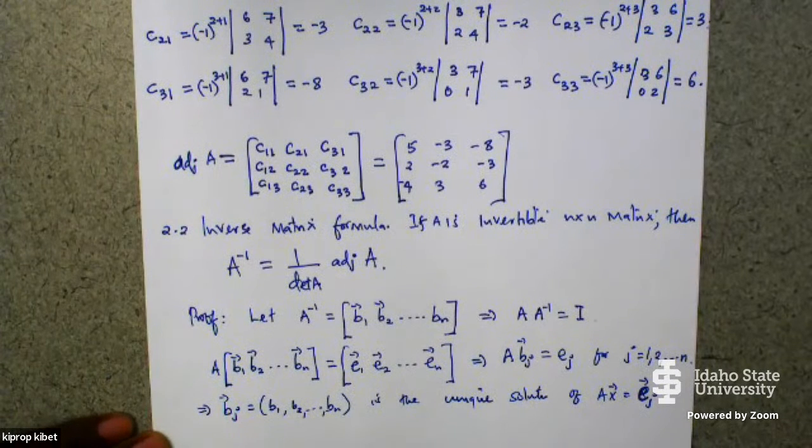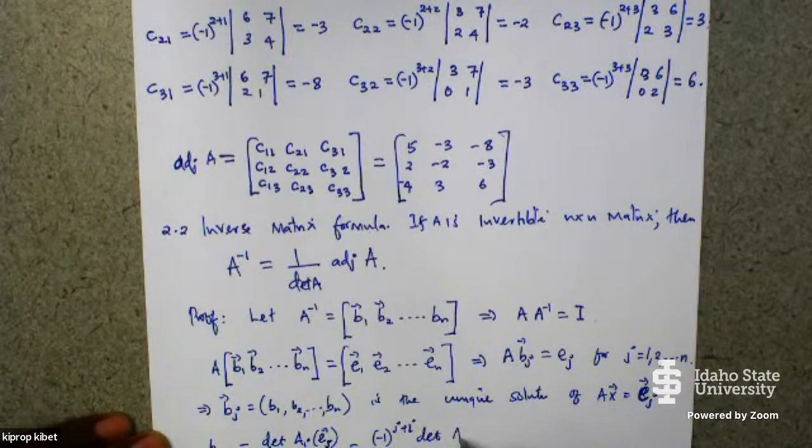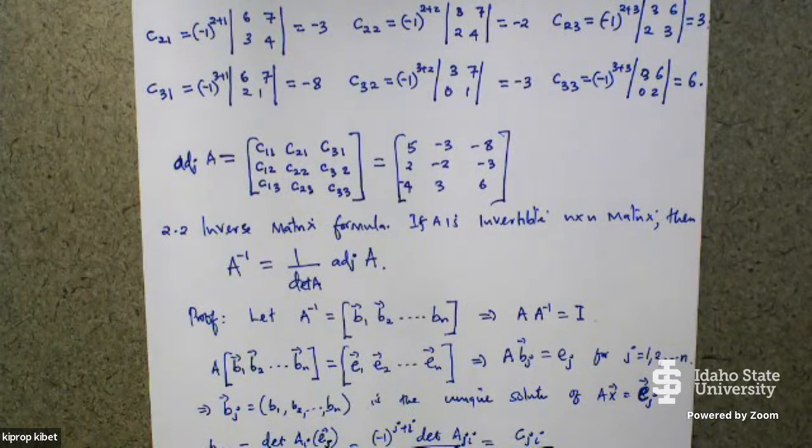Therefore, when you use Cramer's rule, the solution that we get, Bij, is equal to the determinant of Ai(Ej) all over the determinant of A, which is equal to (-1)^(j+i) determinant of Aji all over determinant of A. And this is the same as Cji all over determinant of A.